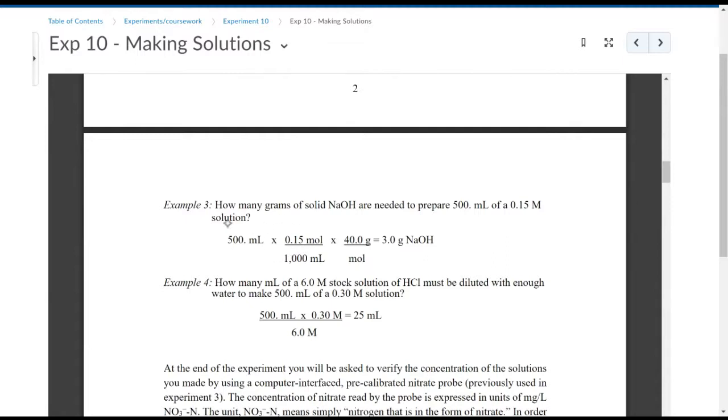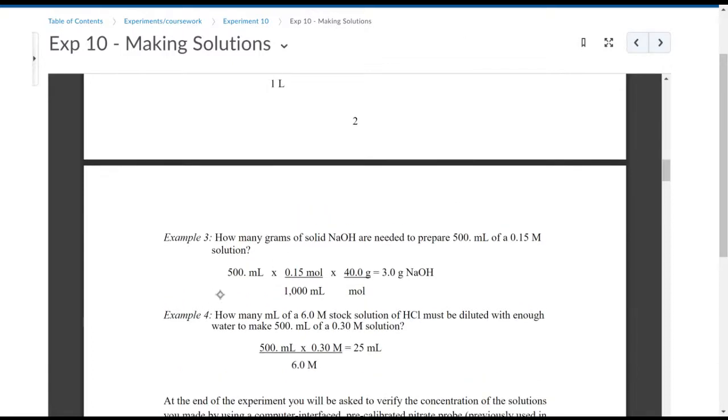The milliliter is going to cancel, you end up with number of moles, but you can't use the mole, you have to convert the mole to gram in order to have a usable number in the lab, because you're dealing with the balance and actual compound. So you have to multiply by molar mass. You find the number of moles first, then you multiply by molar mass in order to get the mass of that substance.